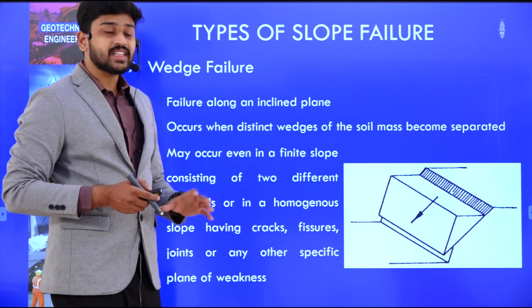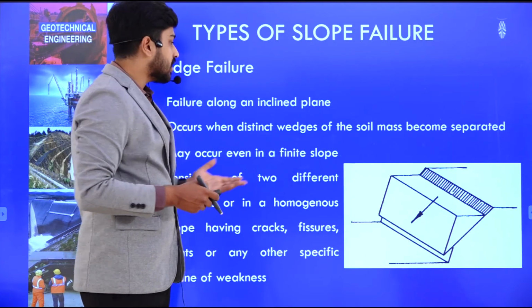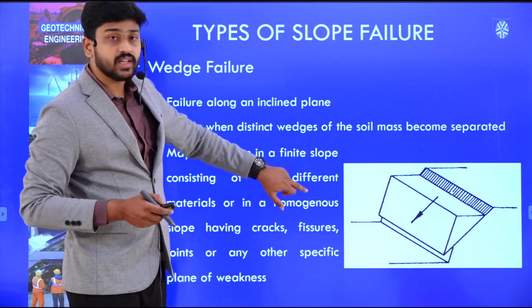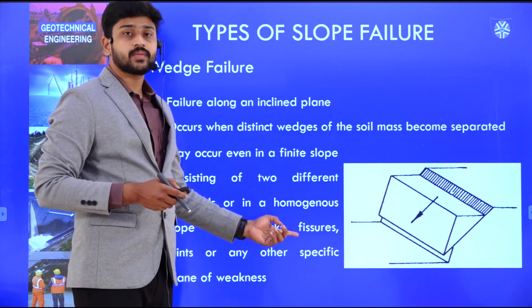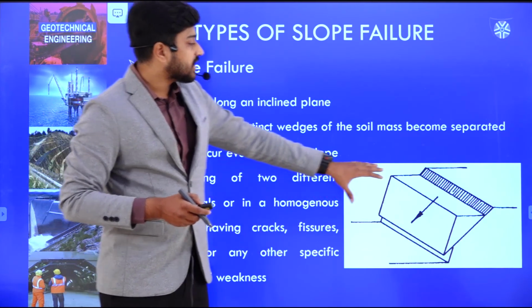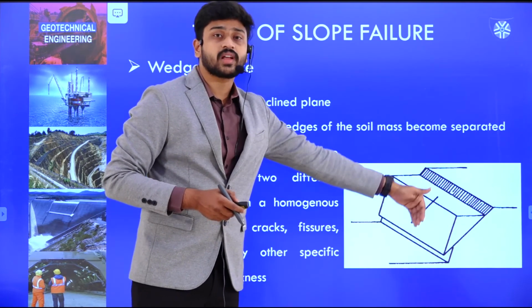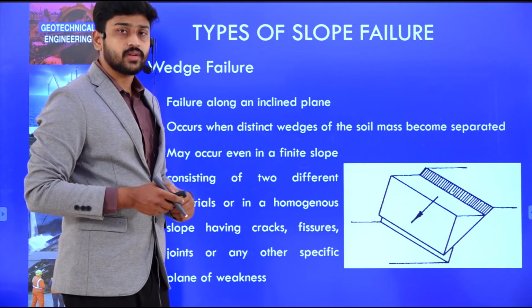In general, this may occur in case of a finite slope. This occurs in a finite slope consisting of two different materials or in a homogeneous slope having cracks. That means if it consists of two different materials or there is some crack present, then you may observe this wedge sort of failure.